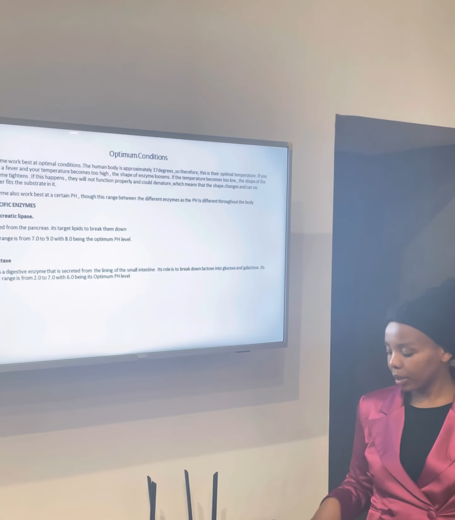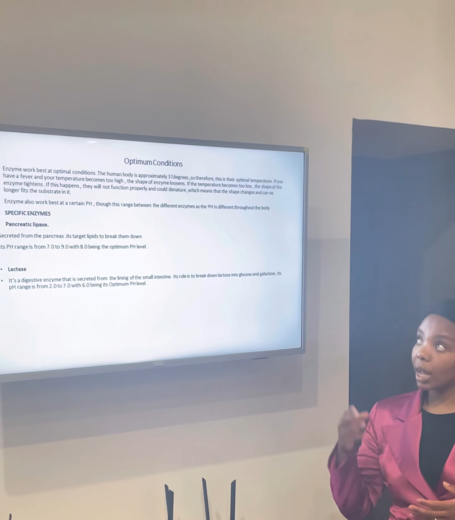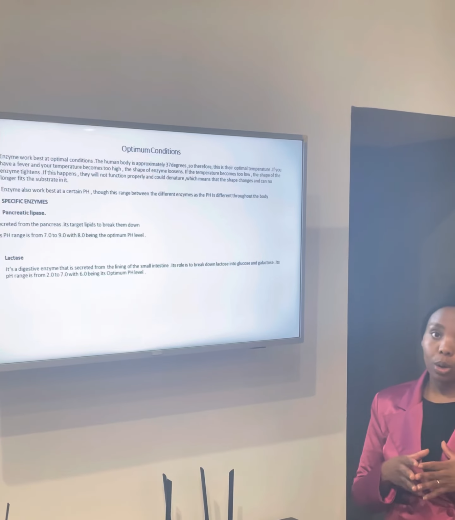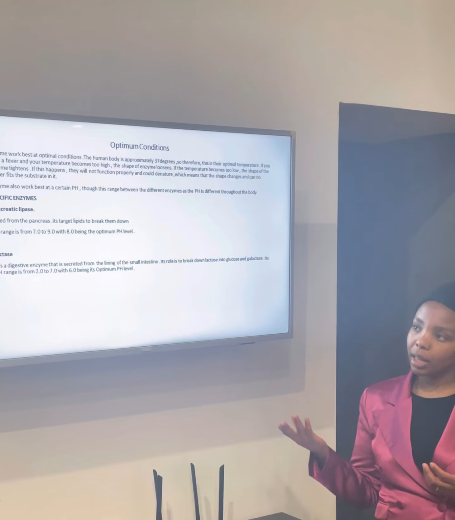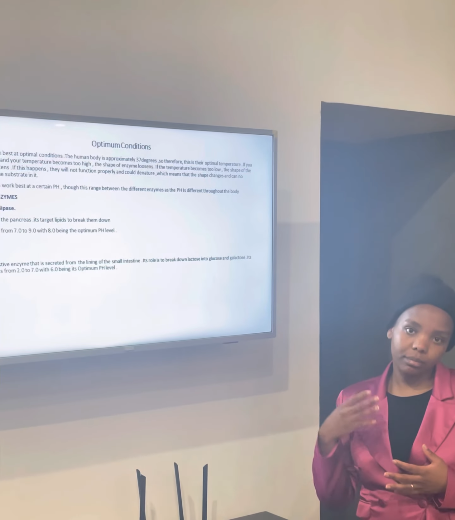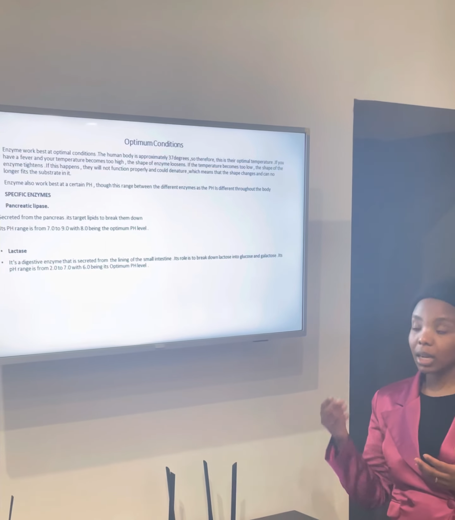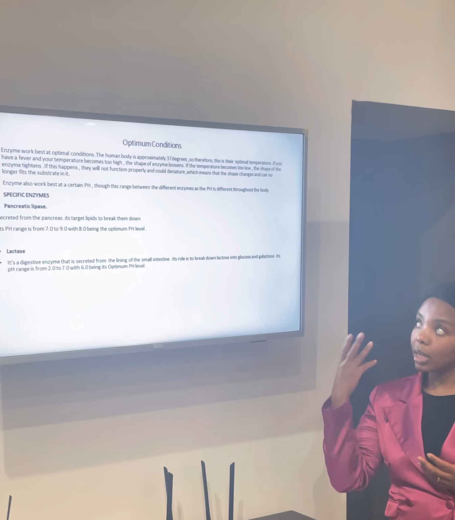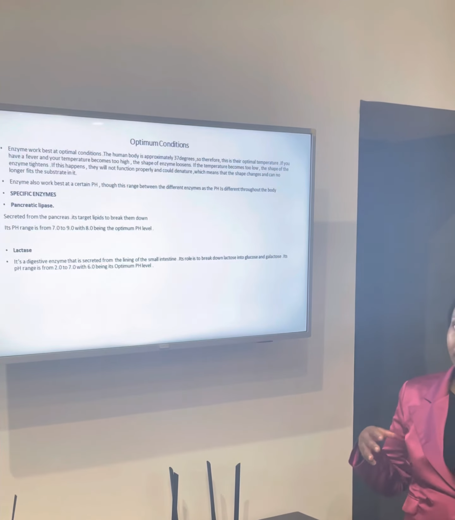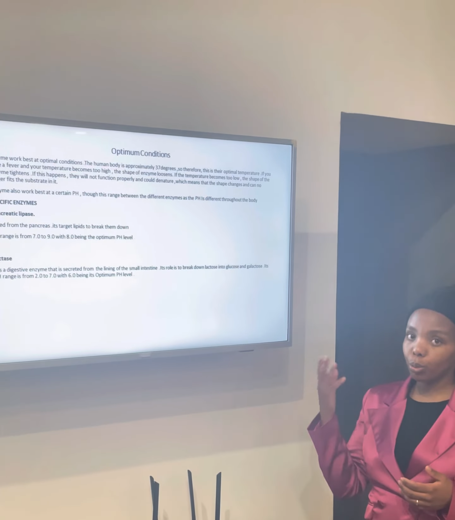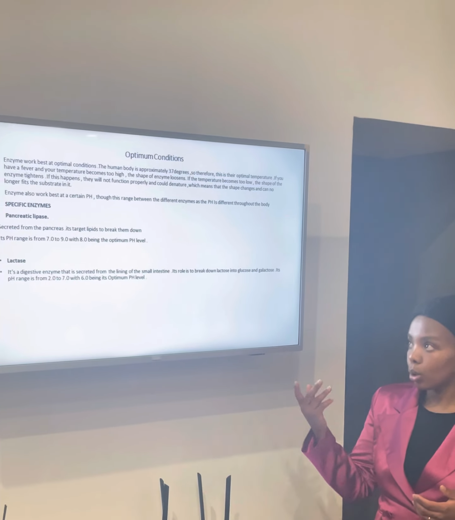For example, when our bodies have got high temperatures, the enzymes loosen, and when the temperatures are low, the enzymes tighten, which means it will denature and change its form or shape, which means it won't be able to work as it's supposed to work.